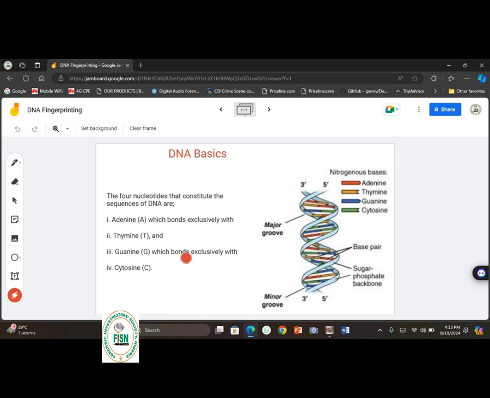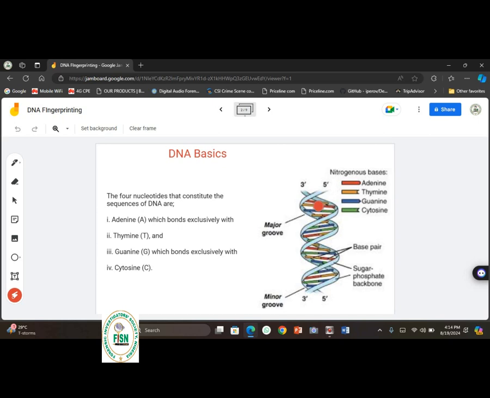They are adenine, denoted by A, which bonds itself exclusively with thymine, denoted by T. And also we have guanine, which we denote by G, which binds itself exclusively with cytosine, denoted by C. So you see that adenine and thymine are joined together.